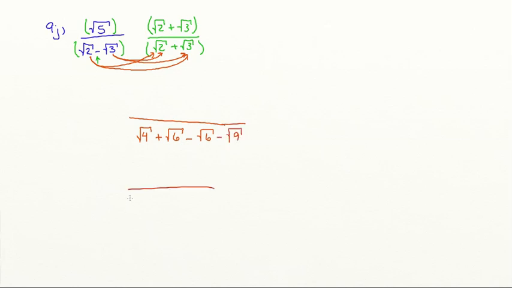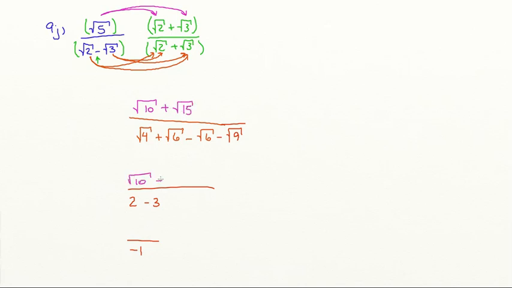So we have root 4 is 2. We can add those two middle terms together because they're both root 6s. So 1 minus 1 is 0. Minus root 9, that would be a minus 3, which gives a negative 1. The numerator, root 5 times root 2, is root 10. Root 5 times root 3 is positive root 15.